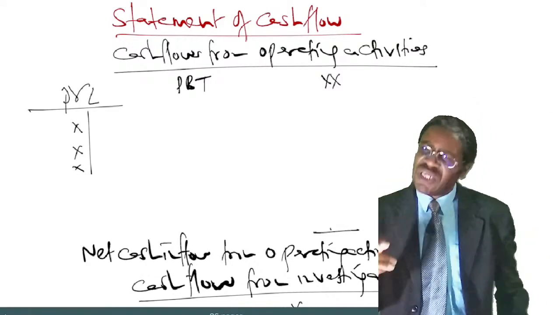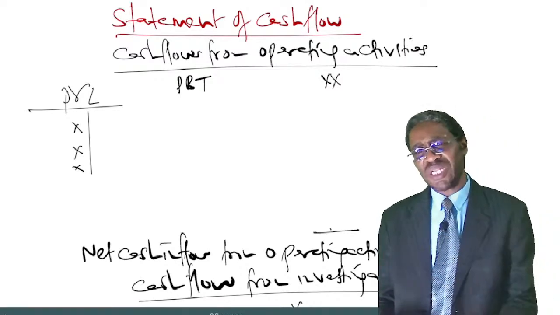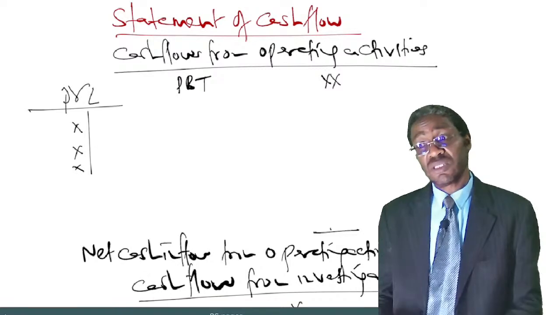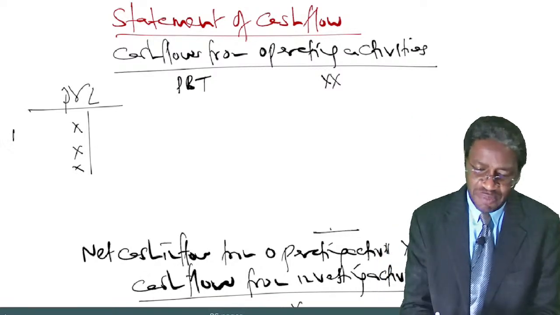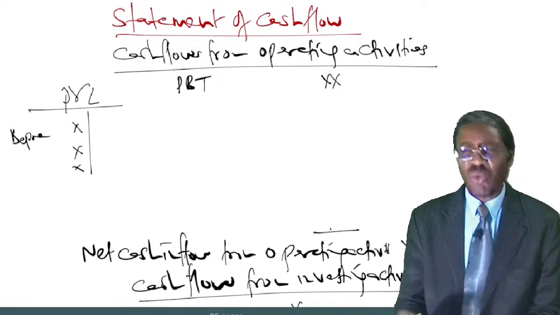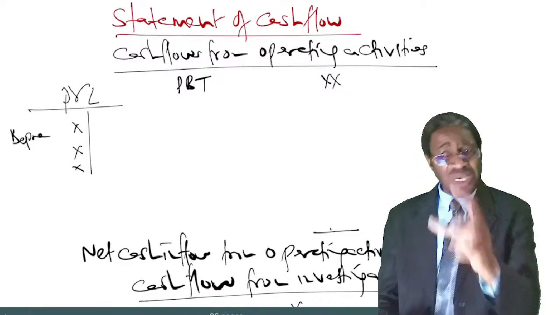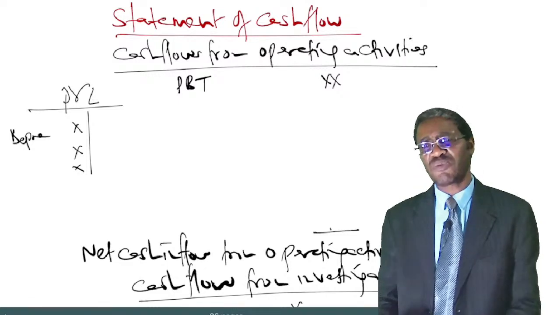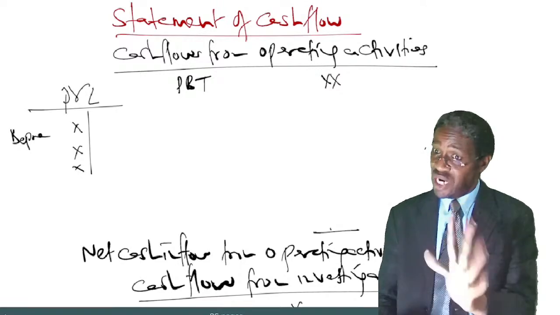So there are so many things that as a company you could have debited your P&L account with, yet no cash was involved. One of them is depreciation. When you depreciated your asset this year, whichever it is, you must have debited the P&L account with that depreciation charge, which is okay according to accounting.